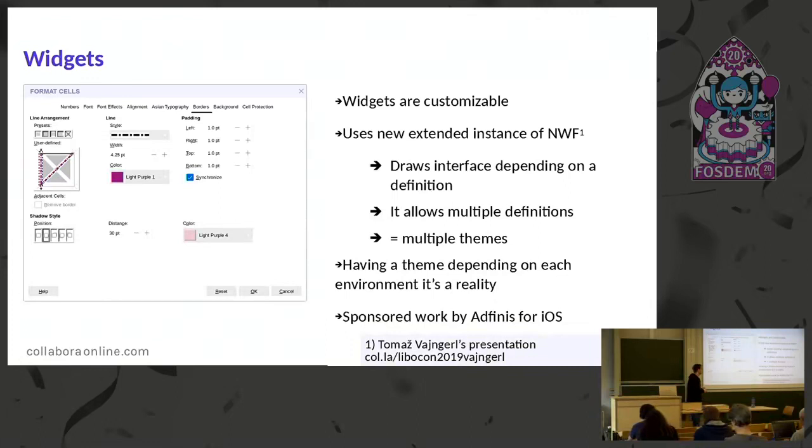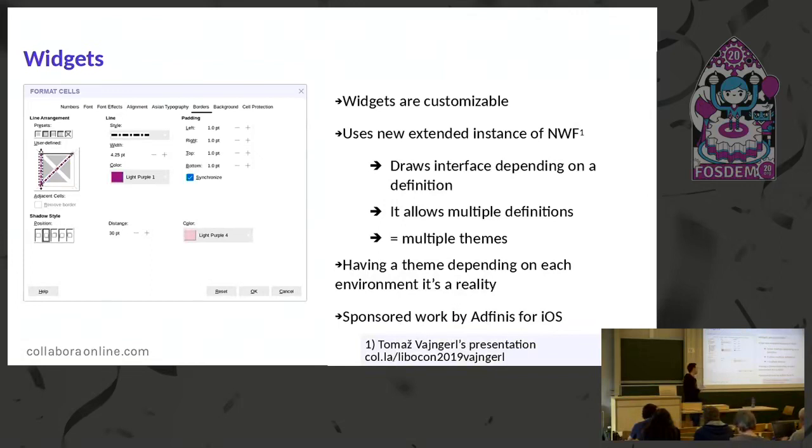It allows multiple customizations, right? So multiple definitions, which in turn means multiple themes. This is really cool. We can now have a theme depending on an environment. And big thanks to Affinis for this.